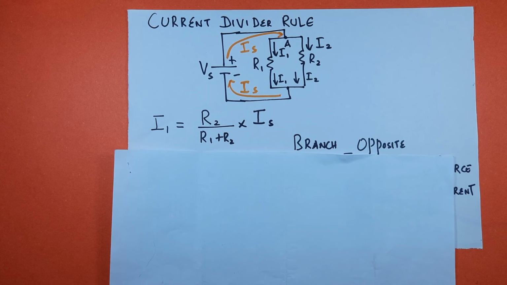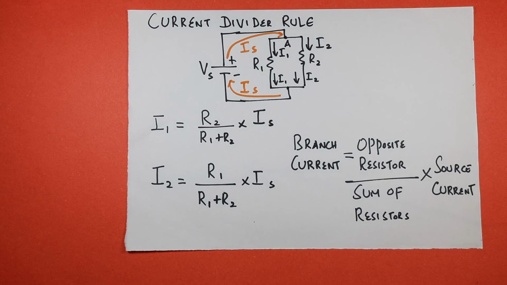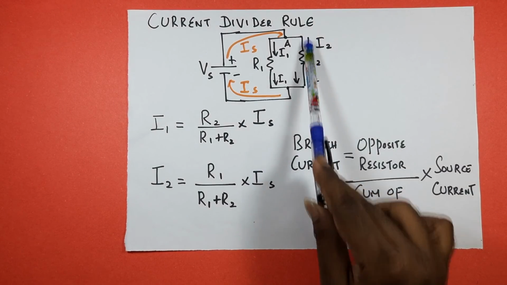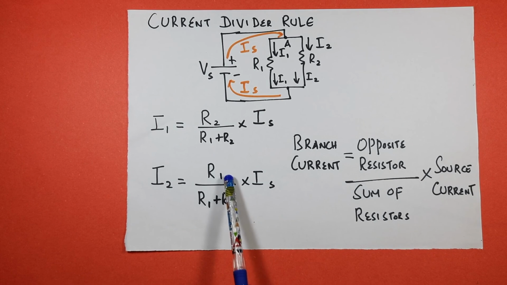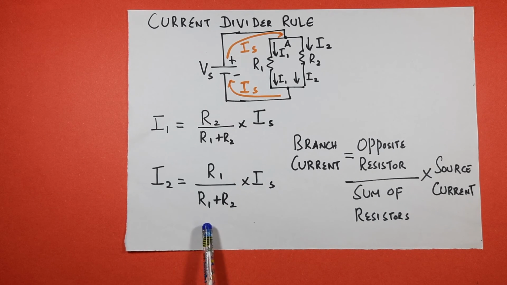Suppose I want the current through R1, which is I1: just the opposite branch resistance is the numerator, divided by the sum of the two resistors, multiplied by the source current, right? Likewise I2 through R2, so the opposite branch resistance is R1. So I2 equals R1 divided by R1 plus R2, multiplied by Is.